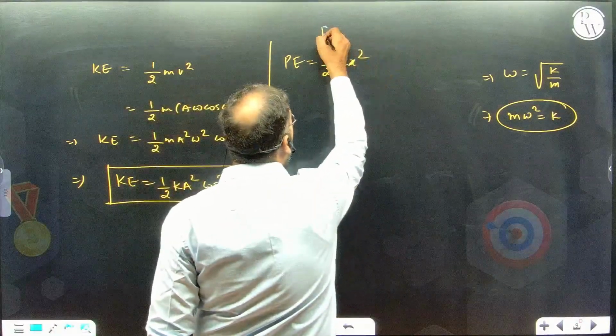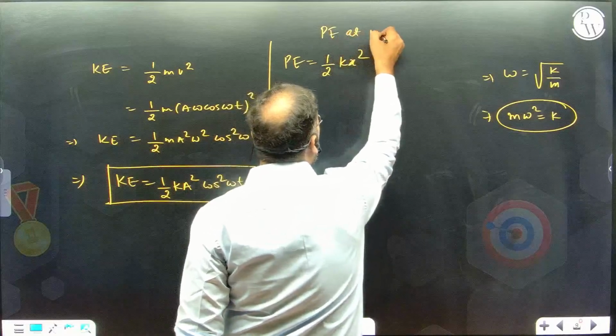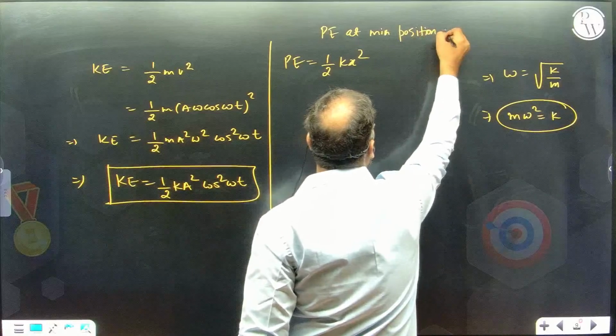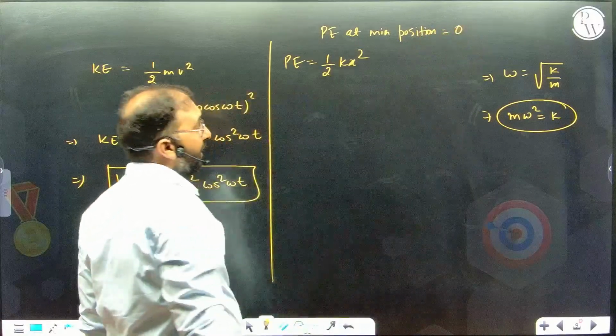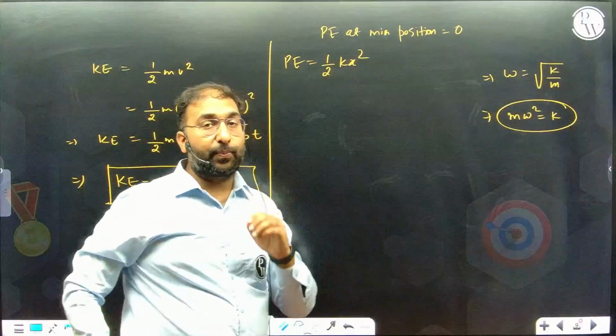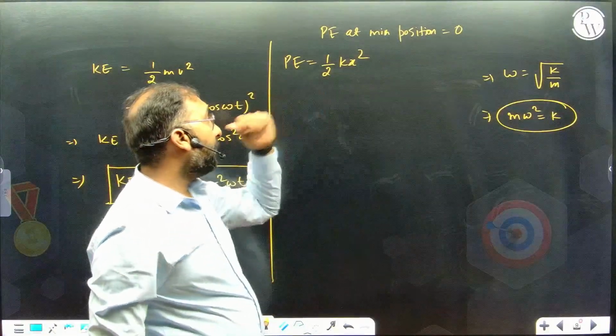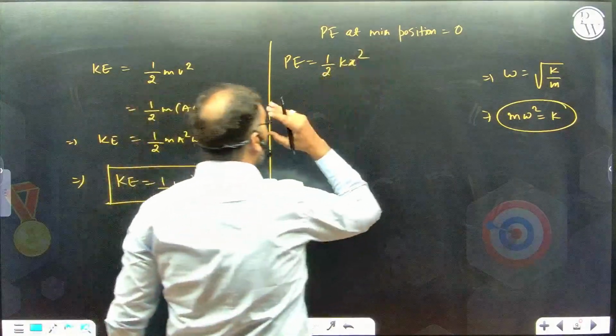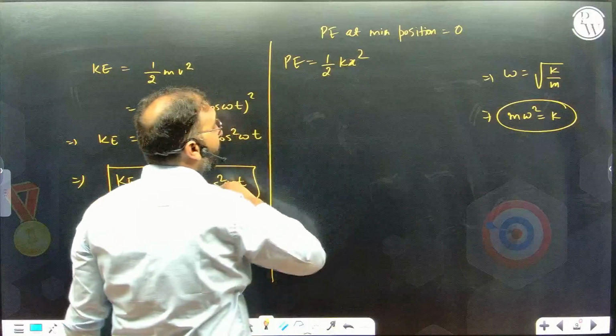Then when the particle is displaced by the displacement x, the potential energy increases by an amount of half k x square. So this is the change in potential energy from the mean position.